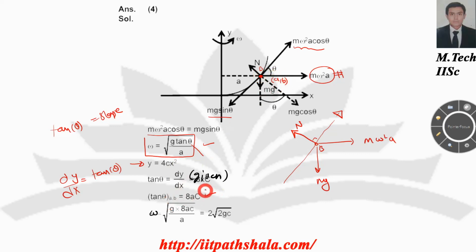So you have the following expression: dy by dx as 8cx. Replace this x by the value of a, because you are talking about x equal to a. Put this expression in your parent equation and you will land up with the value of omega.